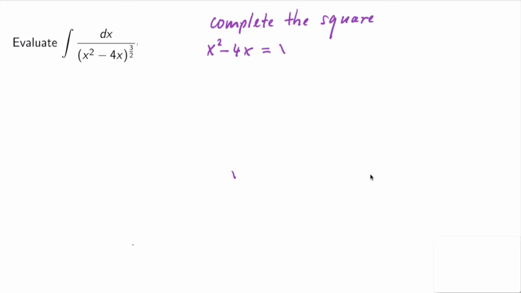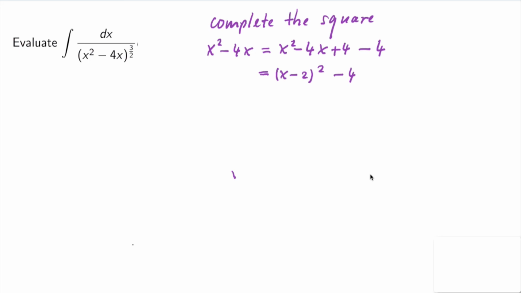To complete the square, I need to divide the 4 by 2, which gives 2, and then square it, so I need to do a plus 4 and a minus 4. And then the first bit is in fact x minus 2 square. And then I keep the minus 4 from the back. All right, are you with me?